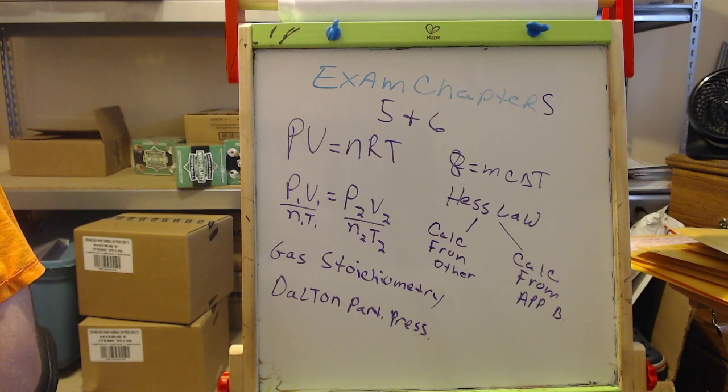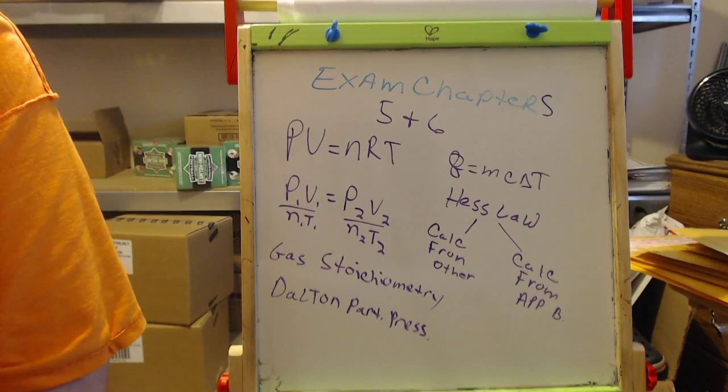I added 4 points to your grade if you were below a 95, because adding 4 points to a 95 or above does nothing. So there was a 4-point curve, but I can't give 104. A 99 versus a 95 doesn't make a difference.